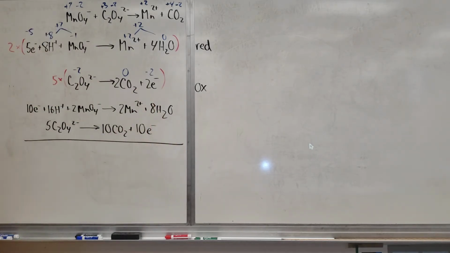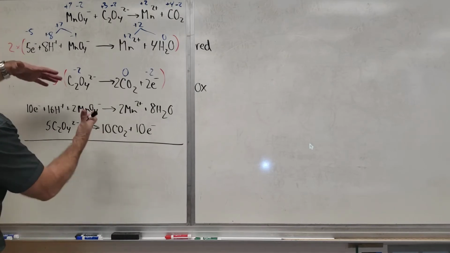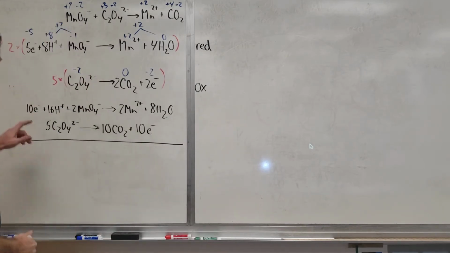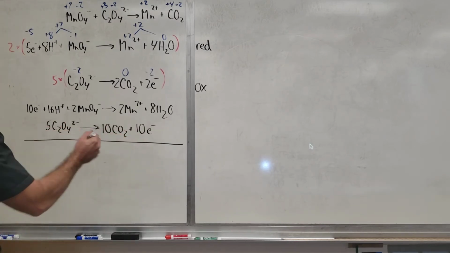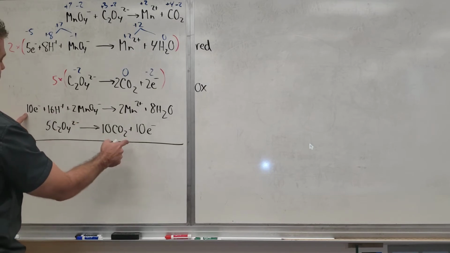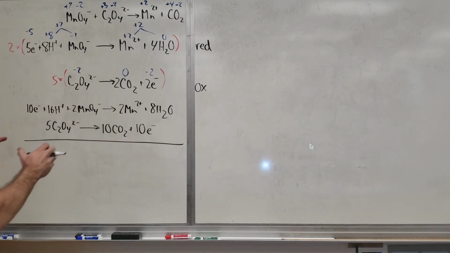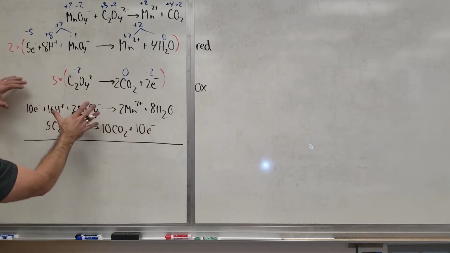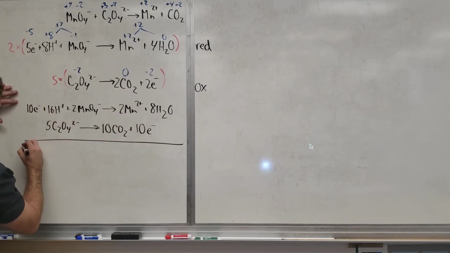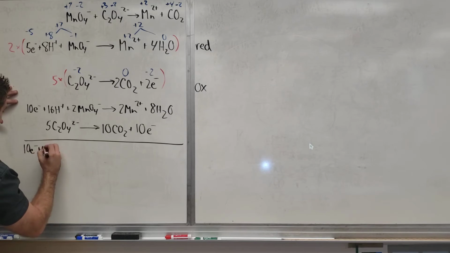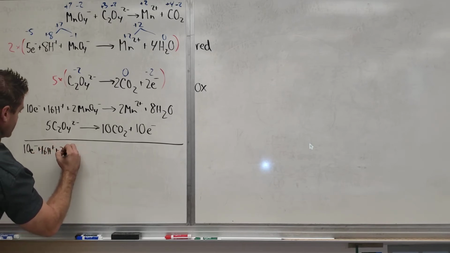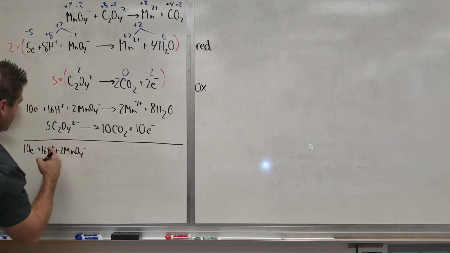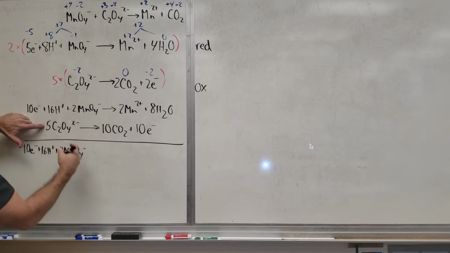So now I can put these half reactions back together, and you just cancel out whatever cancels out. If I have 10 electrons on the left side of the equation and 10 electrons on the right, it's probably better if you just add them together so you can see it. So I'm going to add everything on the left: 10 electrons plus 16 hydrogen ions plus 2 permanganate ions, and the C2O4 is also on the left side.